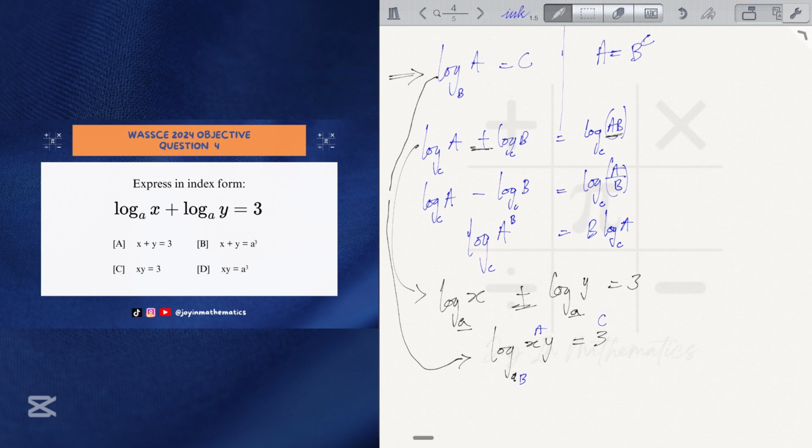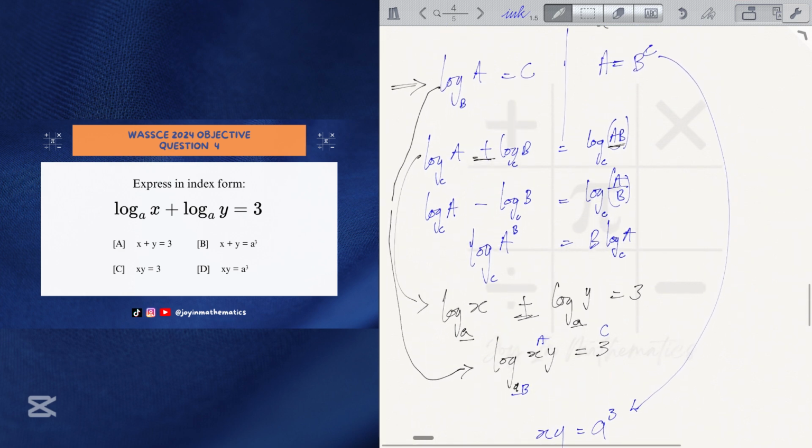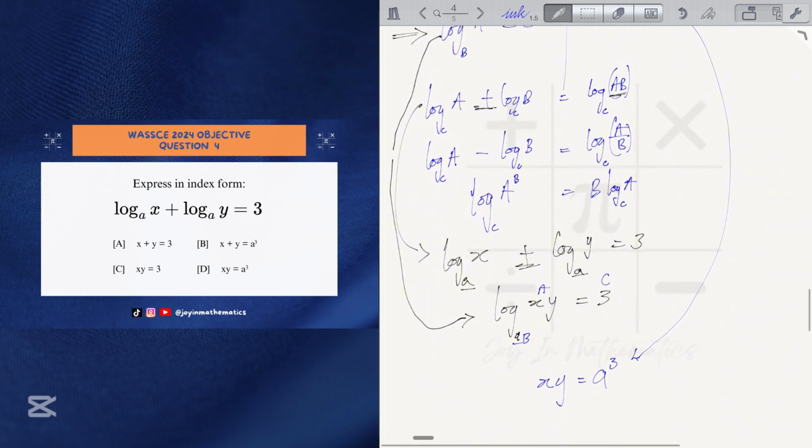Applying this formula, we have a equals b raised to the power of c. So xy equals a raised to the power of 3, and this is equivalent to option D.